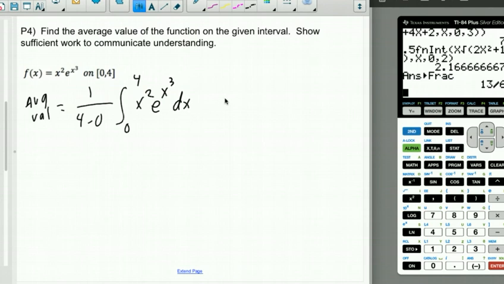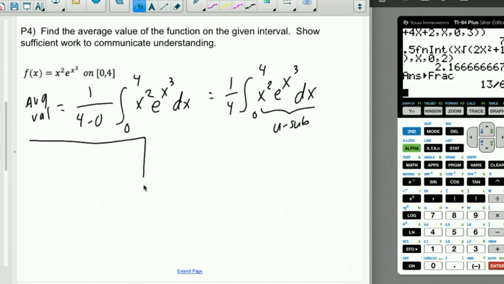So this is that same trick, right? So this is a 1/4 the integral from 0 to 4 of x squared e to the x cubed dx, right? So this is definitely U sub. I'm going to do my work off to the side without bounds, right? So if I go to do my work, I'm going to notice that my u is an x cubed, right? It's the function in the function.